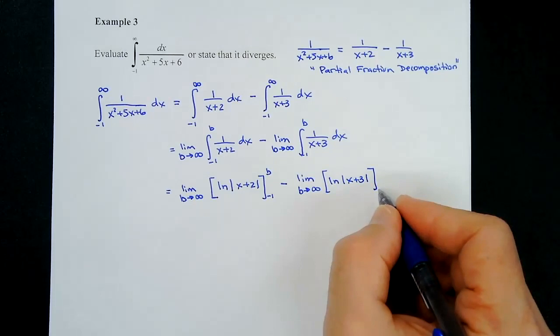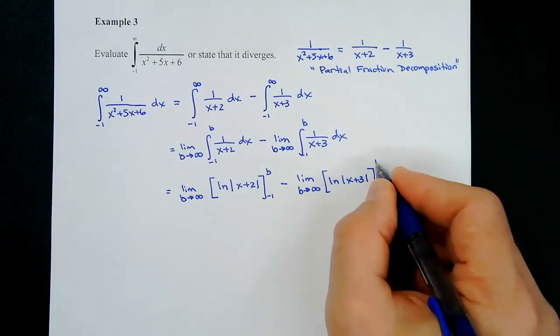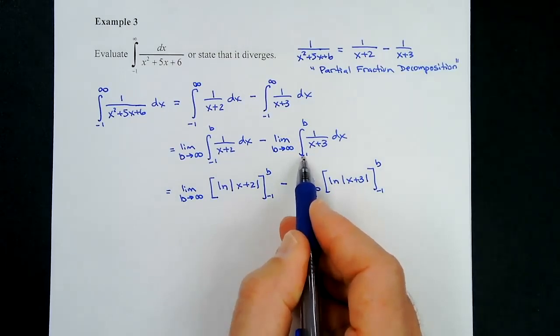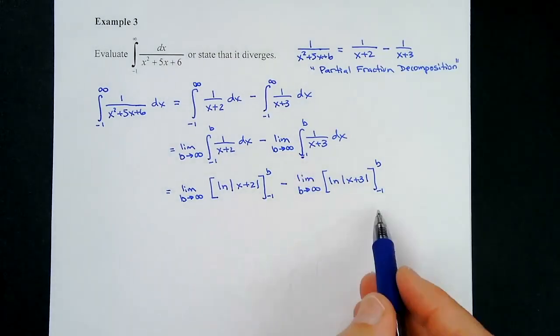We're going to evaluate this one from -1 to b. Be careful, because I lost my negative right there with my integral symbol. That should be a -1.